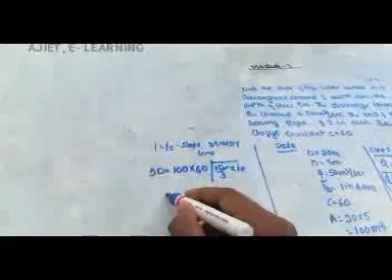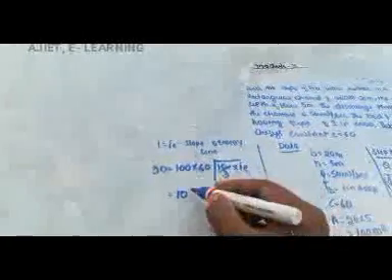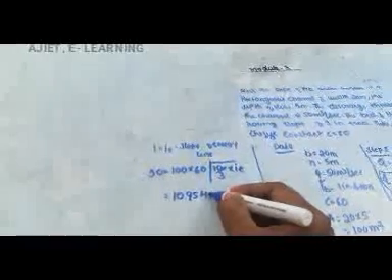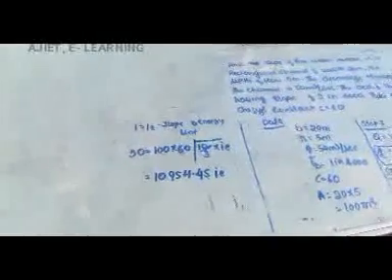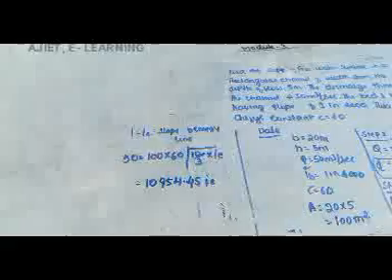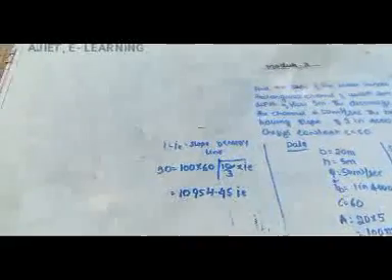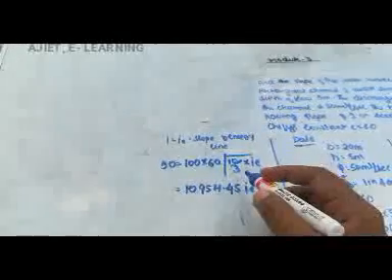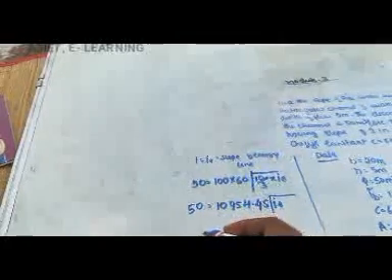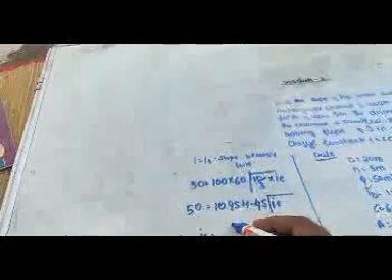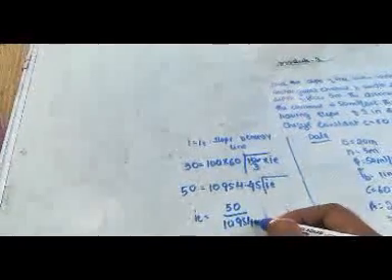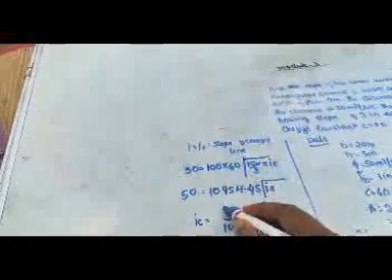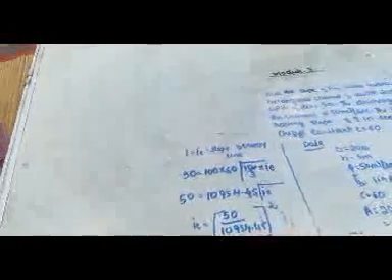So the answer is 10 by 3 into 60 is 109.54, and IE is equal to 50 divided by 0.954.5 square.